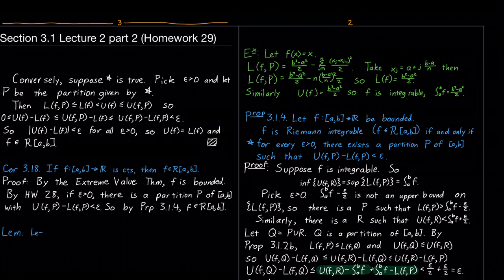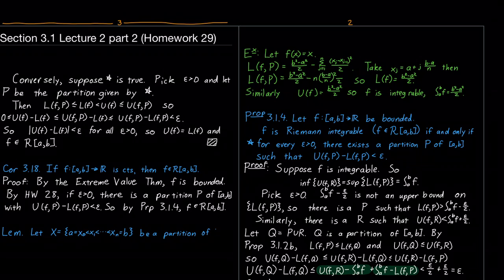Let x naught less than x1 less than up through xn be a partition of an interval from a to b, a closed bounded interval. So here's two things.